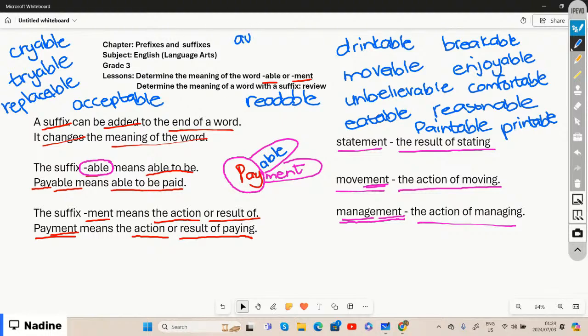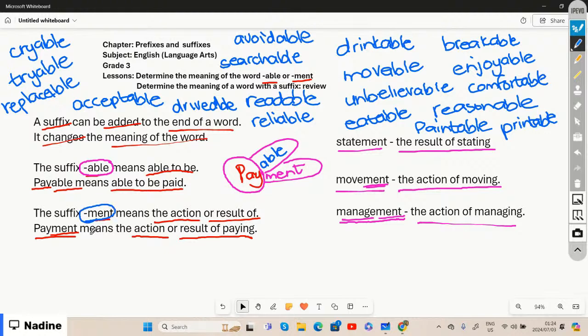Avoidable, like you are able to avoid something. And searchable. All right. So now think of words with the suffix able. Reliable. All right. Beautiful. Lovely. Drivable. All right. So now let's think of words with our suffix ment.